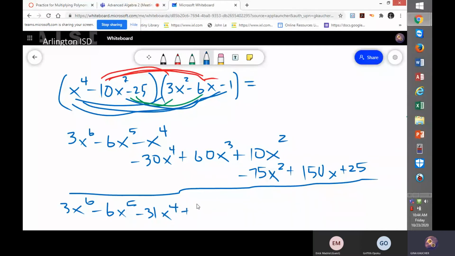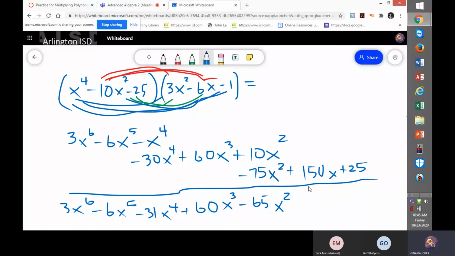Then you have 60x cubed. Here are your squares. So you have plus 10x squared minus 65x squared. That doesn't look familiar. Negative 10 times negative 1. You had 25, negative 75.